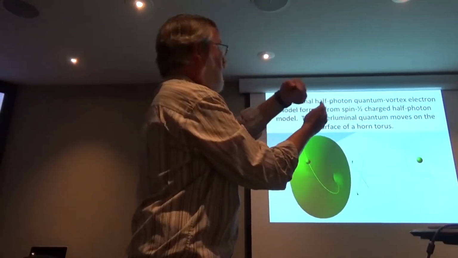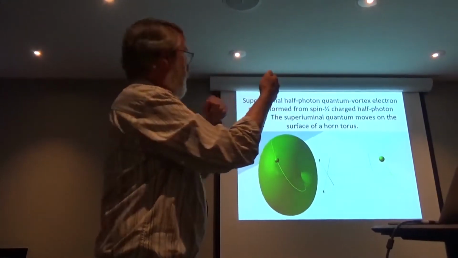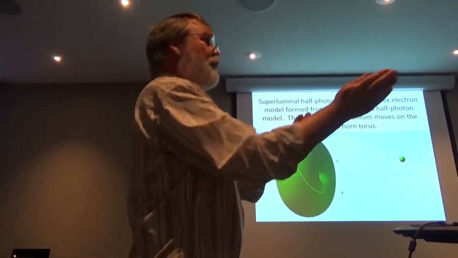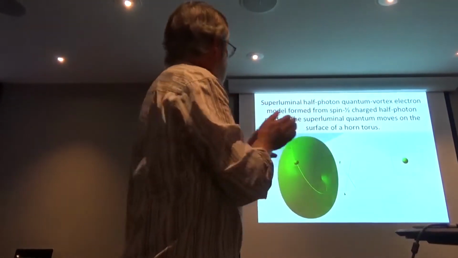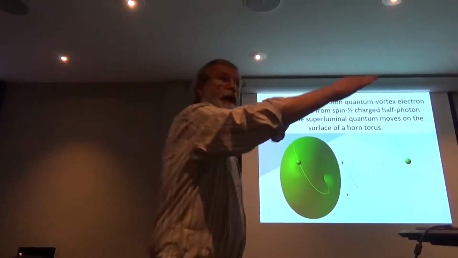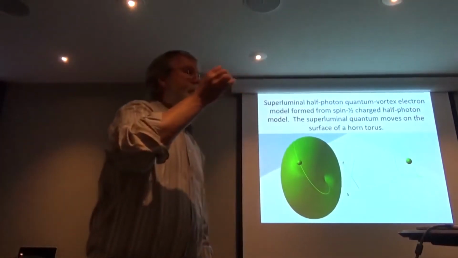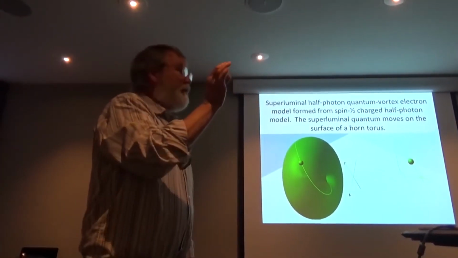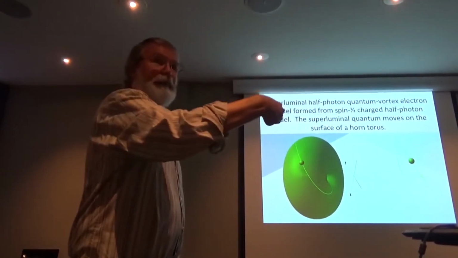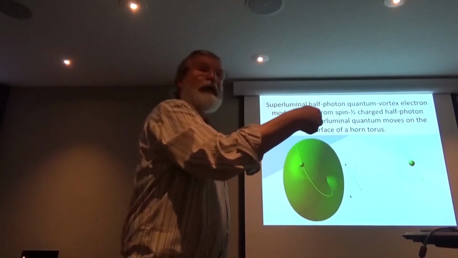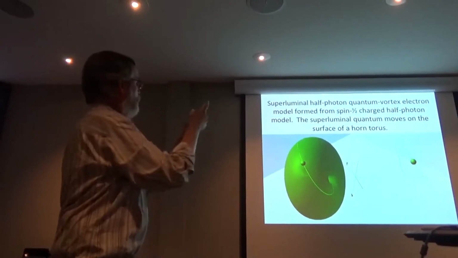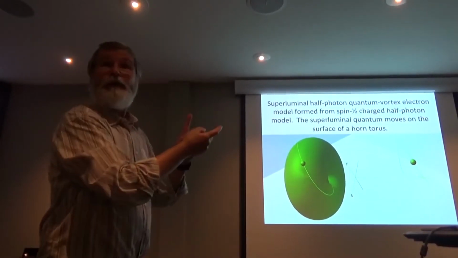The idea is that when the half photon separates from the double helix, it's going to curl up, because separated from the photon which stabilized its motion, it's an unstable particle by itself. This superluminal energy quantum is unstable, and it's going to find the stable position that it can reach by itself, which is to curl up into a closed helix whose wavelength is half a Compton wavelength.